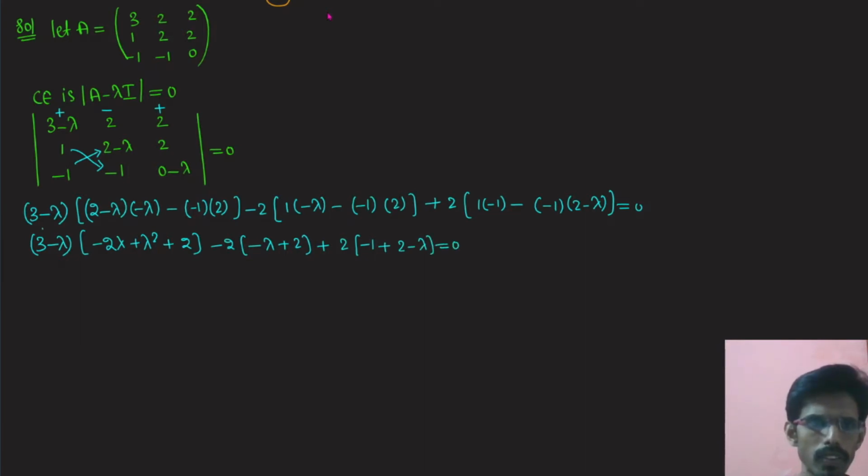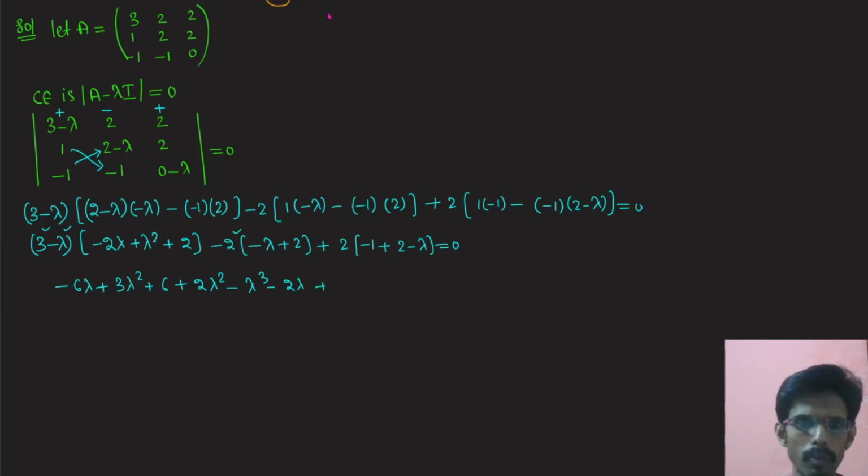Now multiply 3 to this, here I have minus 6 lambda, 3 lambda square, 3 2s are 6. Now multiply minus lambda, this will become plus 2 lambda square minus lambda cube minus 2 lambda. Multiply minus 2, I'll get 2 plus 2 lambda minus 4. Now we have plus 2 minus 1 will be 1. So 2 into 1 will be 2 minus 2 lambda equals 0.